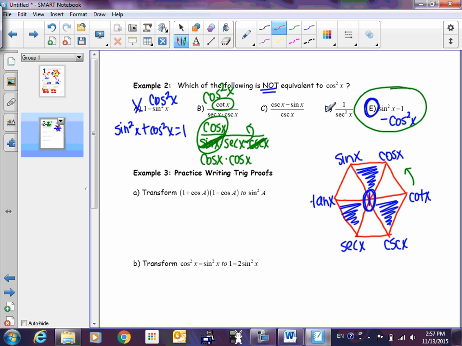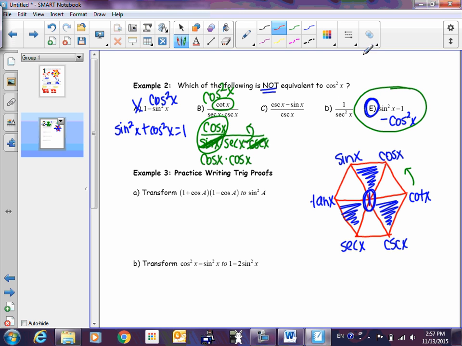Out of the two that are left, is there one that you think you understand how to make into cosine squared? Look at D. 1 over secant squared x. What is 1 over secant again? It's cosine. 1 divided by.